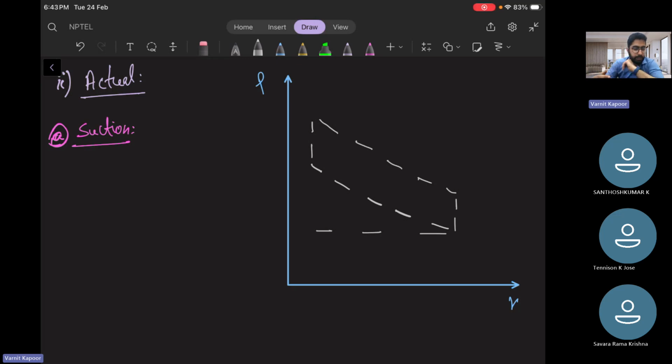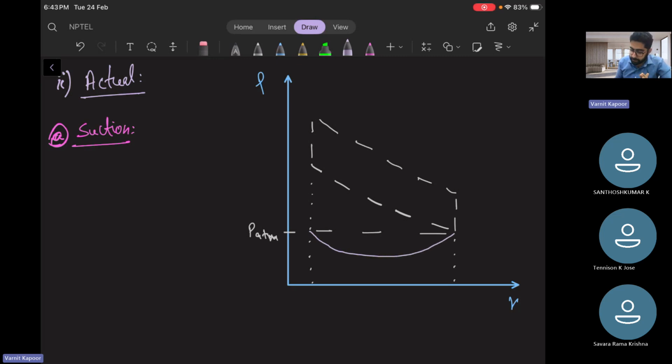So if we say this is our atmospheric pressure, P atm, at which the suction has started, and the pressure inside the cylinder is less than the atmospheric pressure, then the actual suction will happen like this.